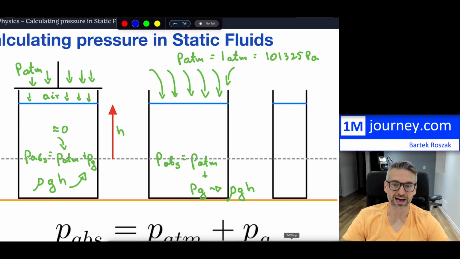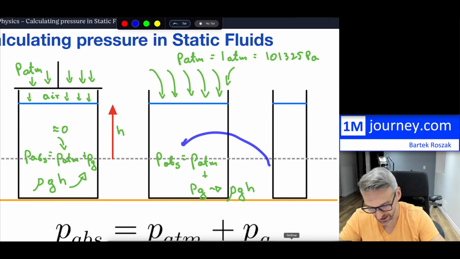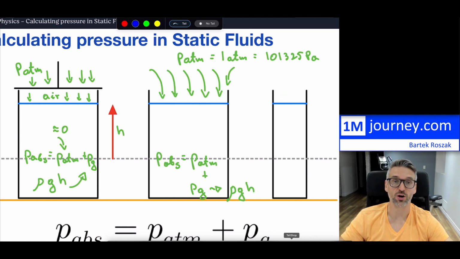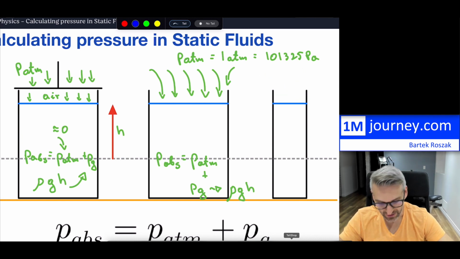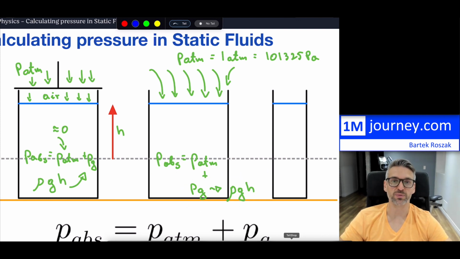Because of that, your absolute pressure is going to be identical as it is over here. This does not change. You still have your atmospheric pressure pounding on this, and the height right here has not changed. So the gauge pressure that you would be reading at this particular depth again will be the same.